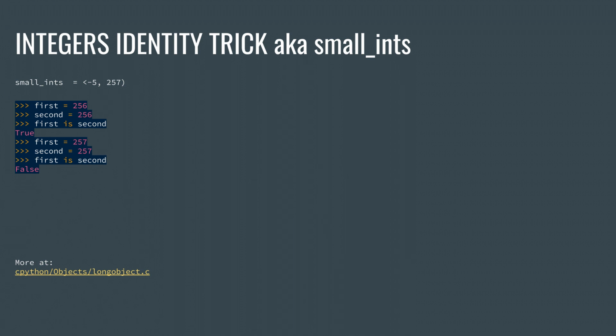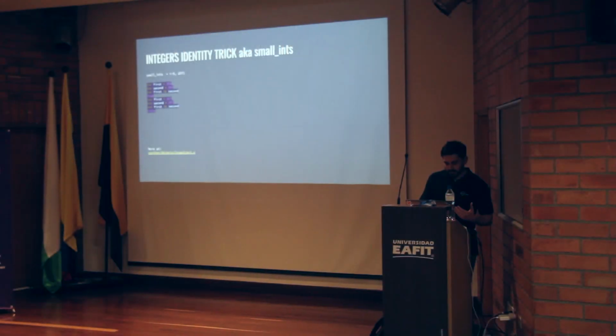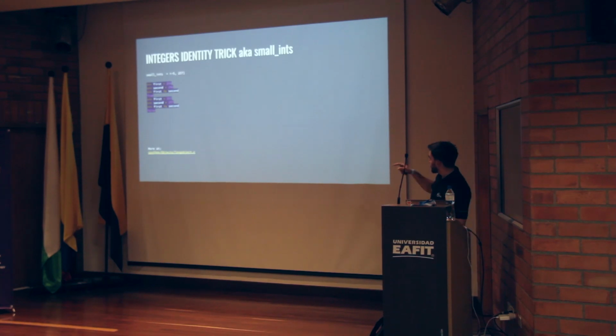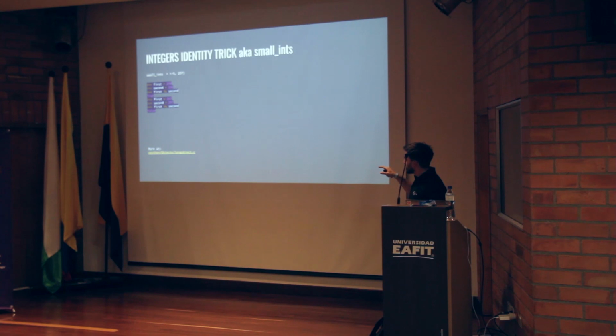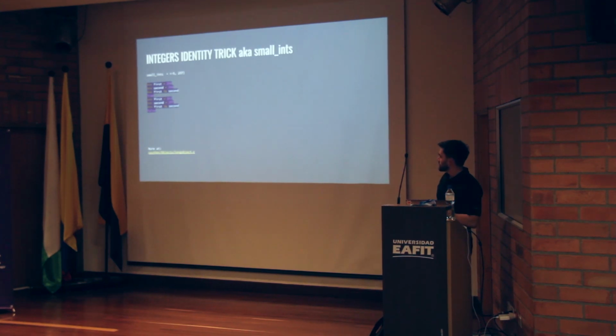So what's that? That's because Python at the beginning, as you saw with all the arenas being allocated at the start, also allocates at the start all integers from -5 to 257 excluded, and those integers are created and are always the same. When you use 2 or 5 or any number from that set, it's always the same object.